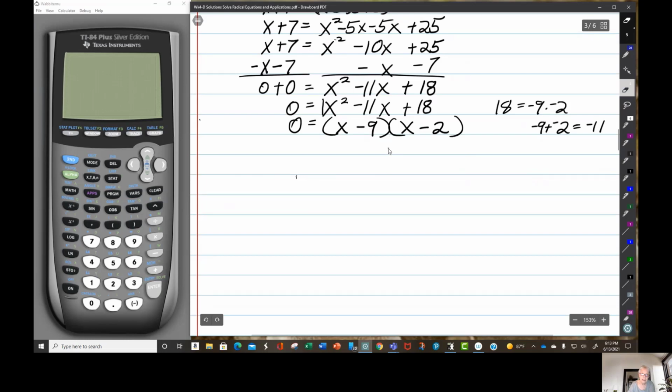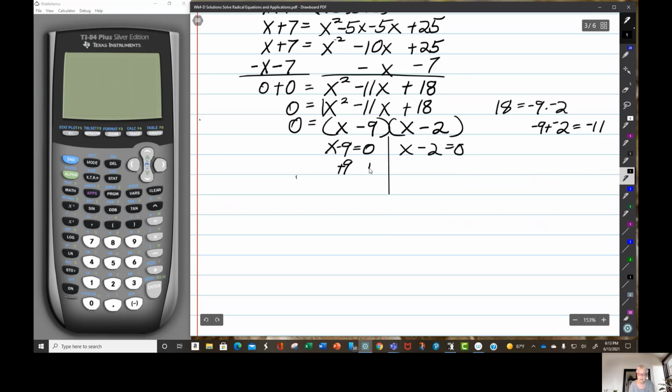Now I set each factor equal to 0. You know all about that. I usually only need 3 lines. x minus 9 equals 0. x minus 2 equals 0.